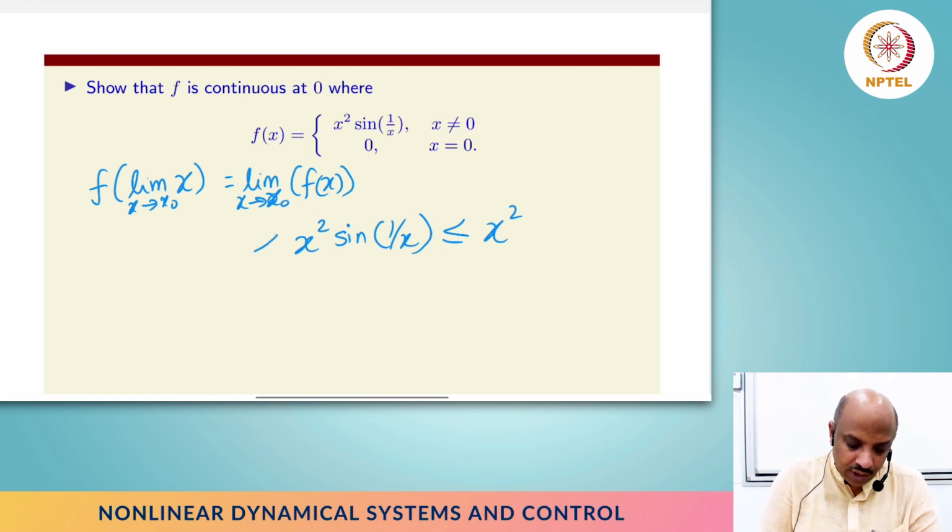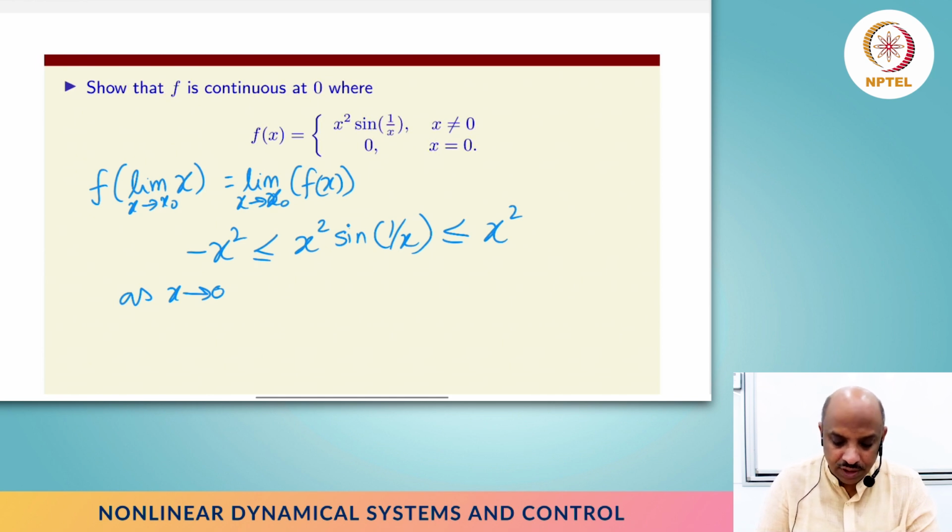And then similarly, this is true also, right? So as x tends to 0, you can clearly see on both sides, minus x square and plus x square are going to get closer and closer together, and therefore x square sine of 1 over x is in between these two. We can conclude that this is true.